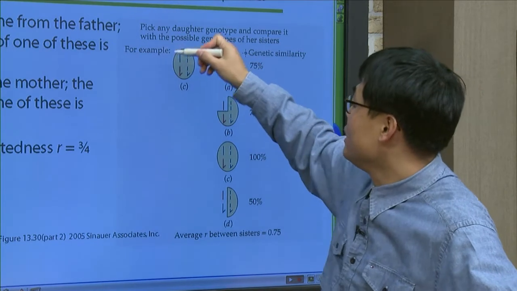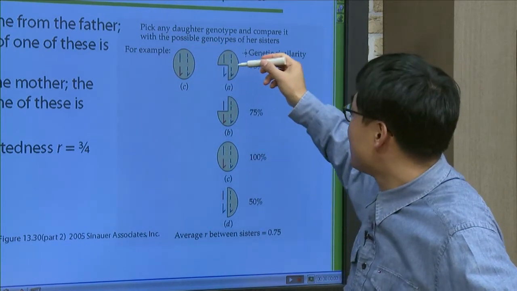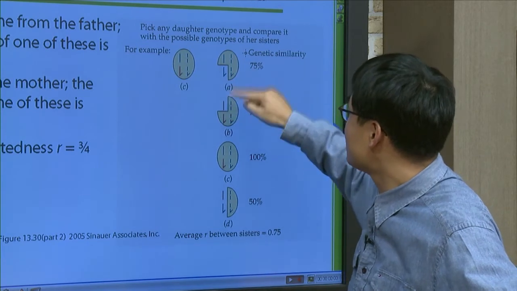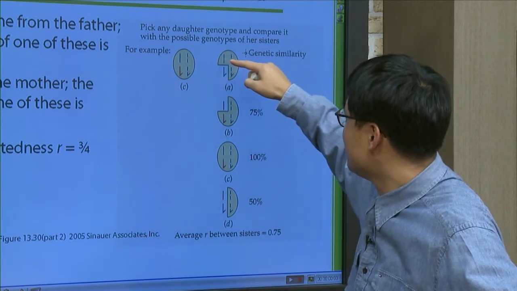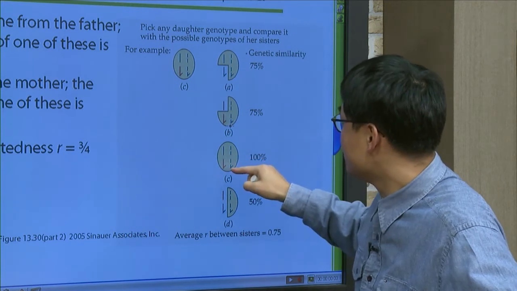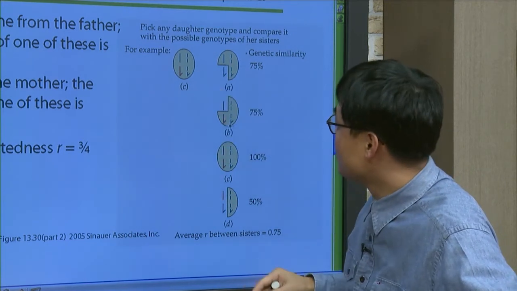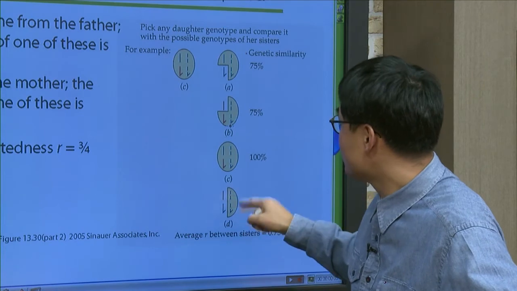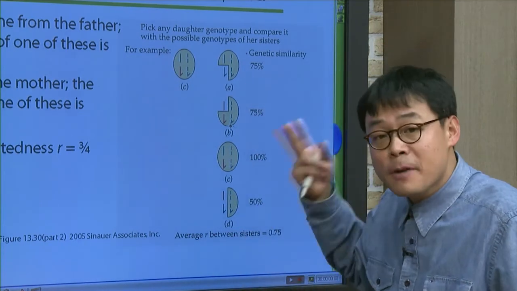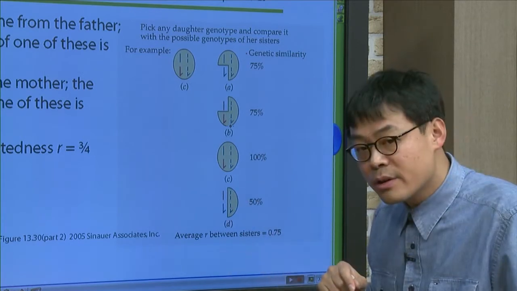It's from the queen, and you have 4 different possibilities, like for this one and for this one, that's half the same. The other one is the same as you, and this one shares none. But on average, each represents 25% of all workers.